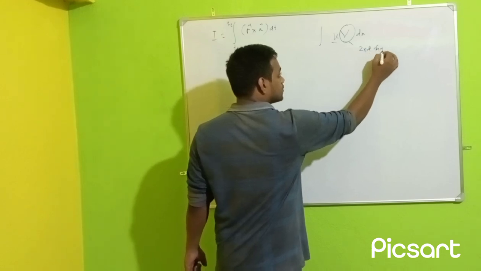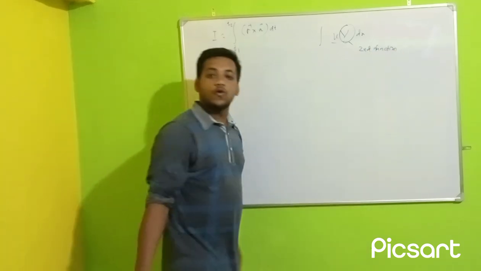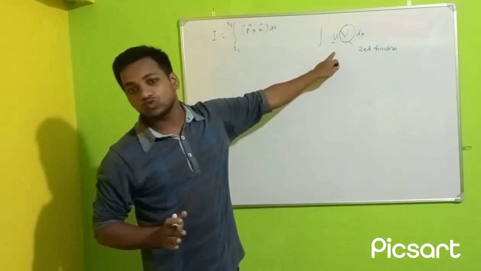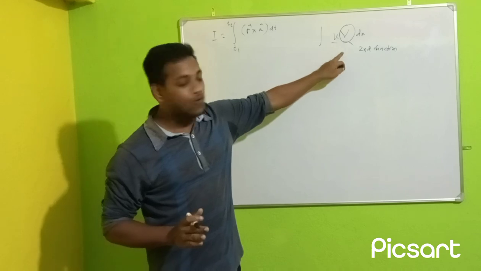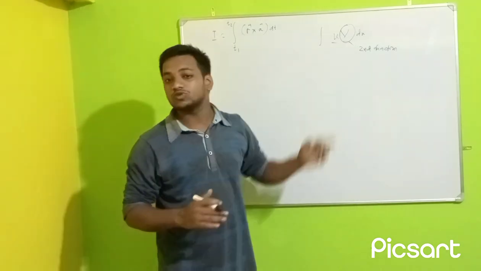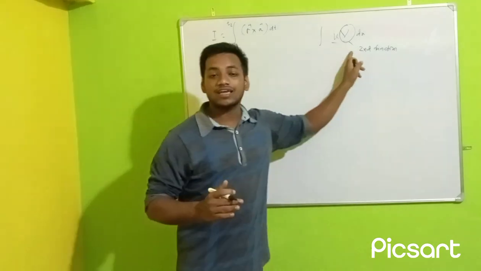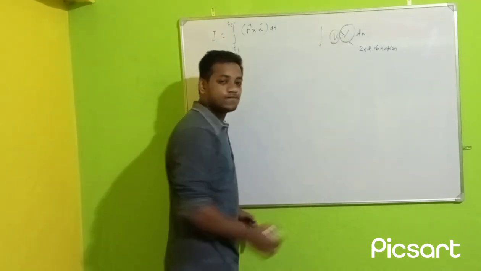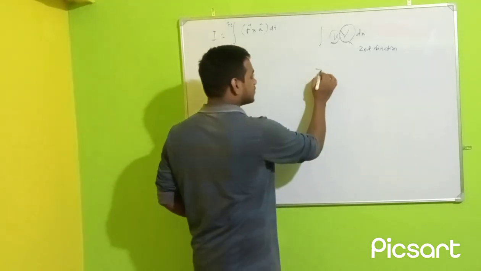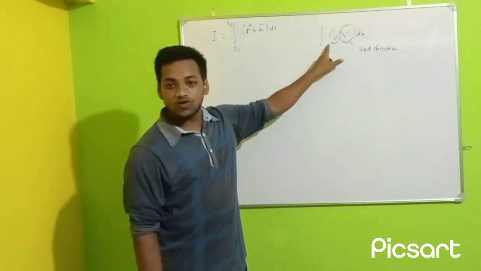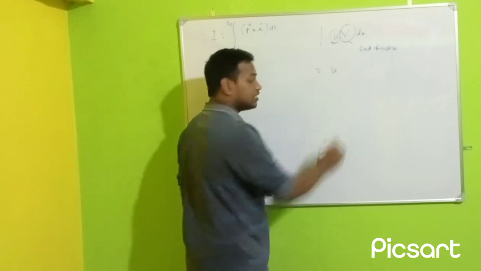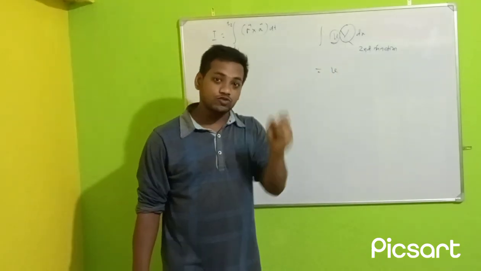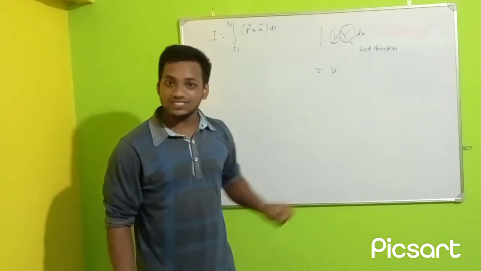The second function will be the function which I could easily integrate. By looking at the two expressions, I will fix that this function could be easily integrated, and I will take this function as my second function, and this function will be the first function. Then this integral will be the first function u into the integration of the second function, because I have told you this I could integrate easily, and that was my second function.